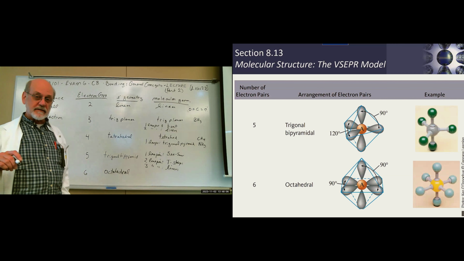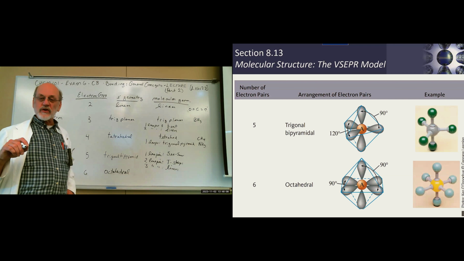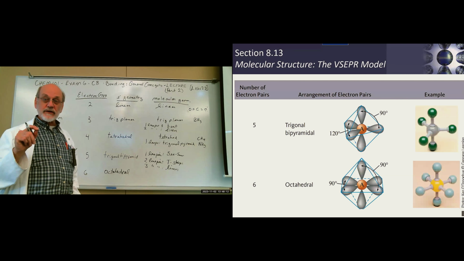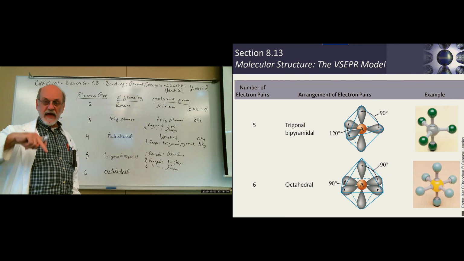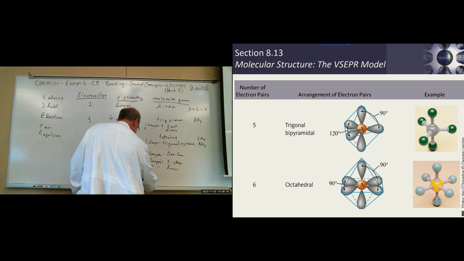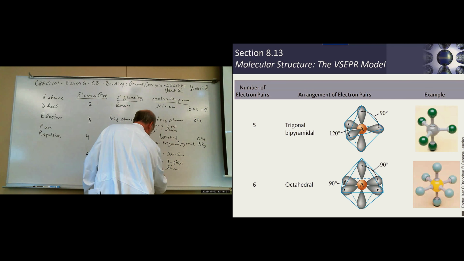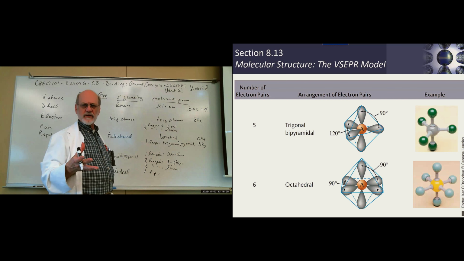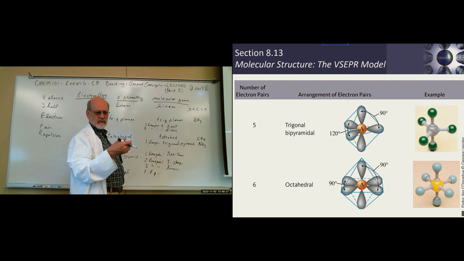Now, in this case, when you have one lone pair, it does occupy one of the apexes, top or bottom. So one lone pair now is a square pyramid, right? Just like the pyramids of Egypt, the Giza plateau.